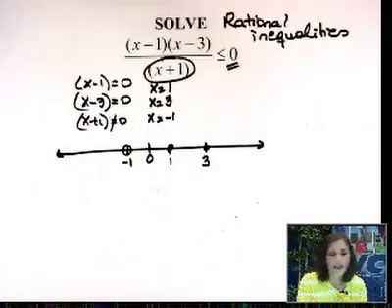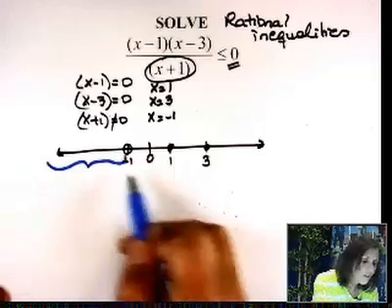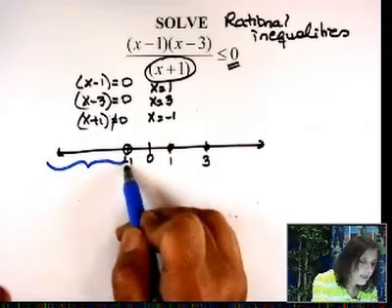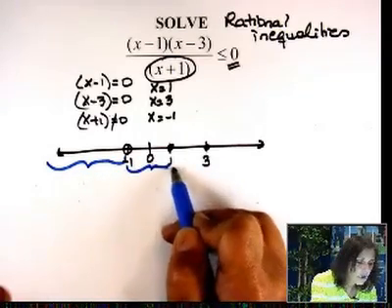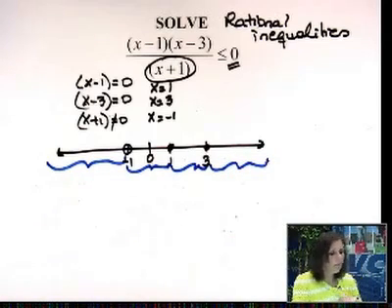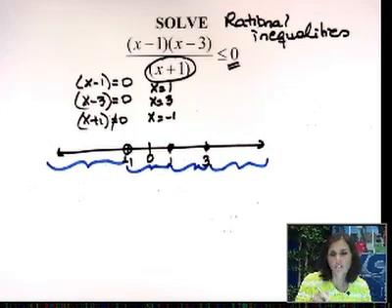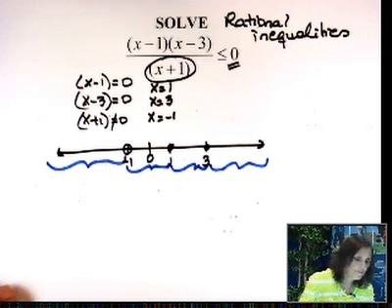I know that I cannot have it. So here are your regions: one region, the second region, third region, and the fourth region. I'm going to test those regions by plugging in different values for x in those regions. So let's do it.